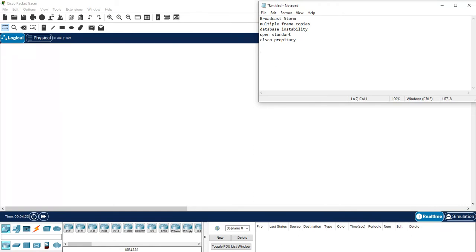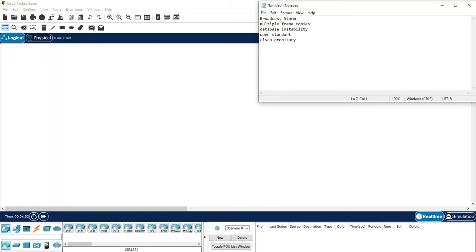In the spanning tree, there is a switch that becomes the root bridge. What is the root bridge? The root bridge is selected based on the lowest priority. If it is the same, then the one with the lowest MAC address is selected.